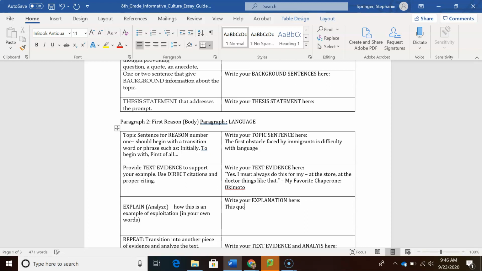So this quote tells the audience that Maya's parents are not comfortable with the English language and often need to rely on their daughter for help.